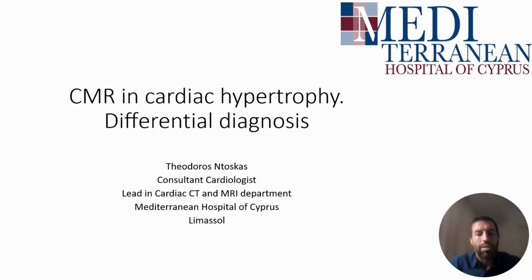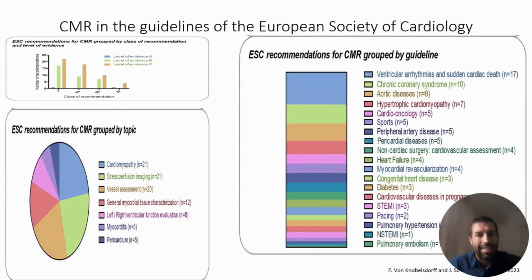Today we're going to talk about the CMR in cardiac hypertrophy. Cardiovascular magnetic resonance has been established as a valuable tool in clinical and scientific cardiology. In this study, we can see the current evidence and role of CMR in the guidelines of the European Society of Cardiology.